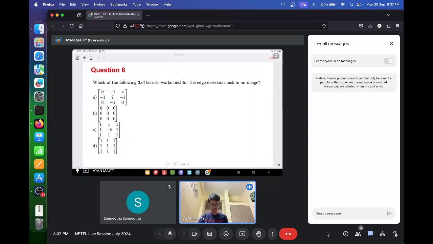Now question 6. Which of the following 3 by 3 kernels works best for the edge detection task in an image?